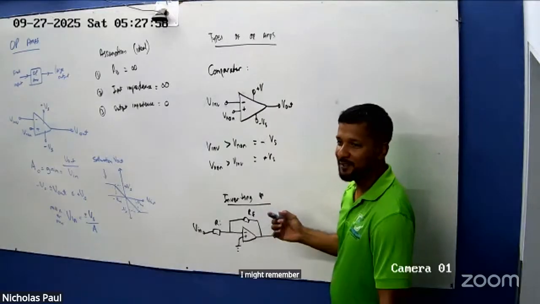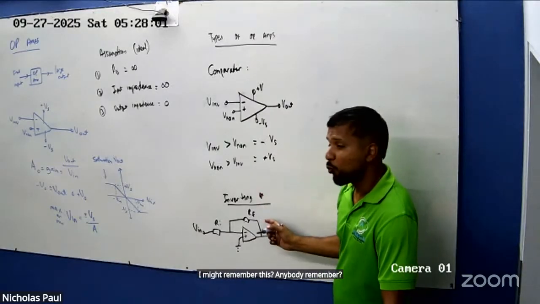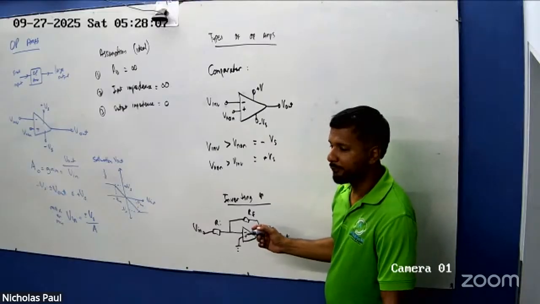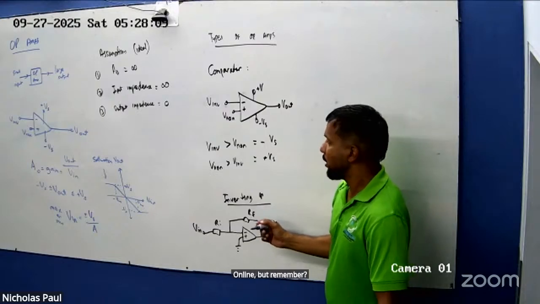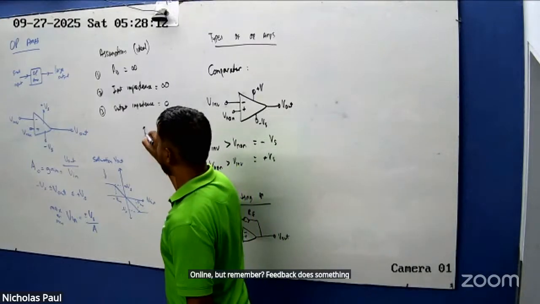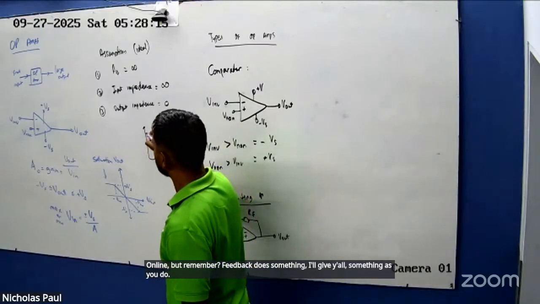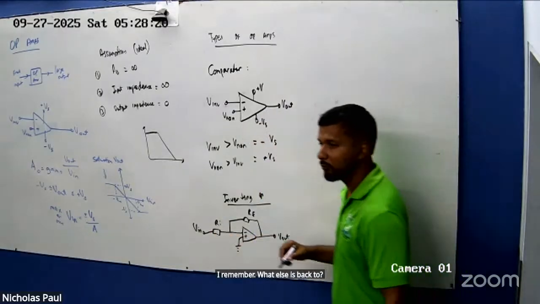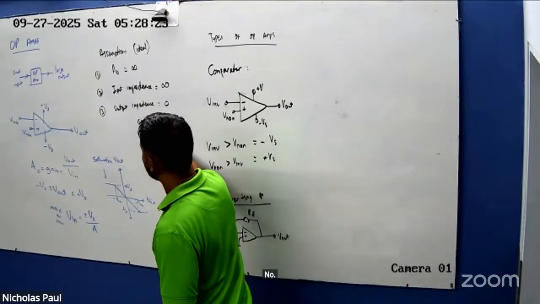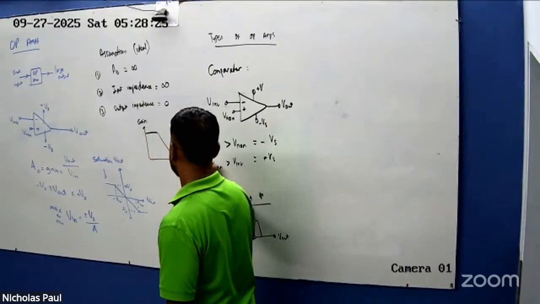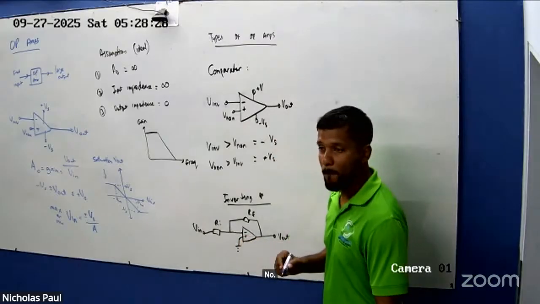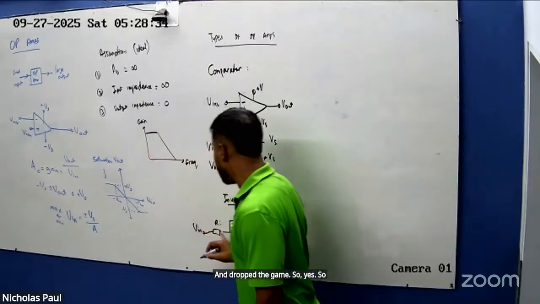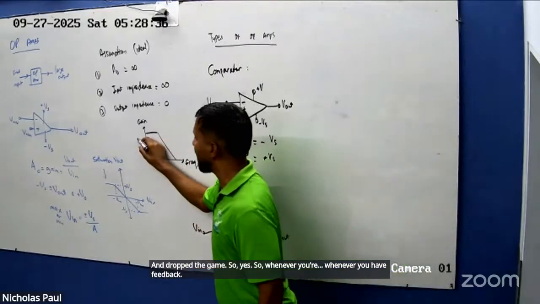It drops the gain. So whenever you have feedback, you end up dropping your gain.